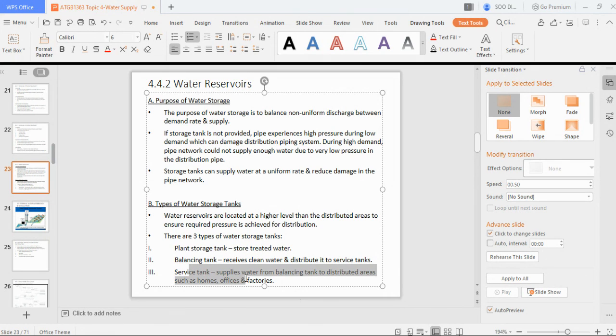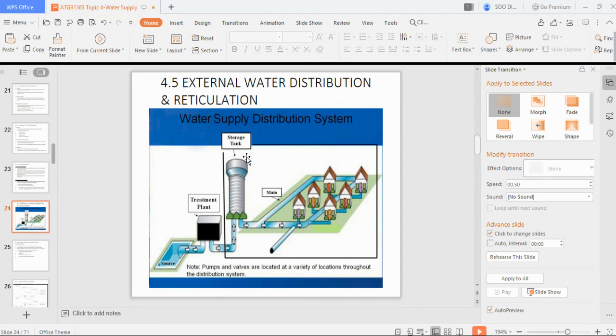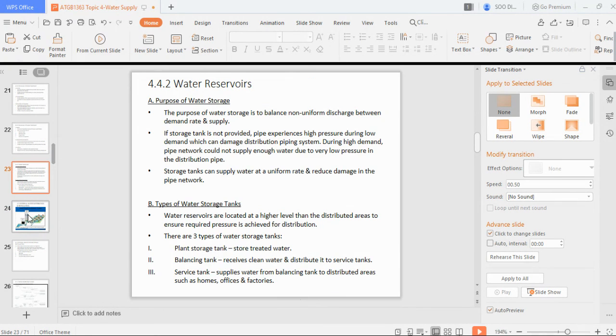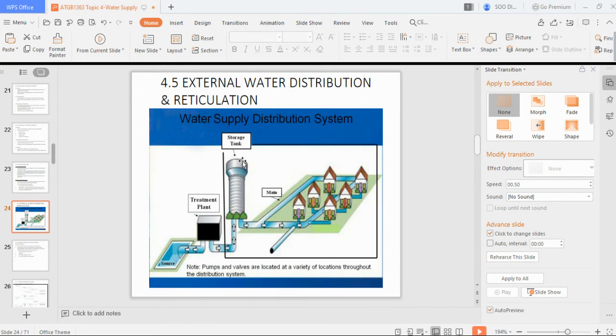And finally we have our service tank. This service tank is to supply water from the balancing tank to distributed areas such as homes, offices, and factories. So it's something like this. This is our treatment plant, and usually this is what you have for your service tank.